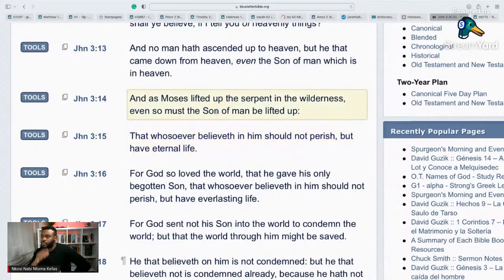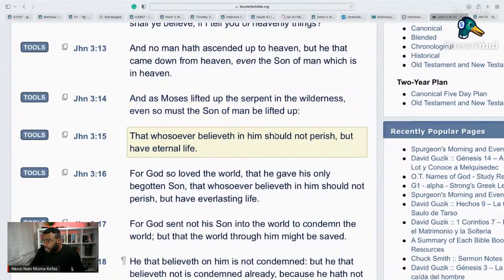Because here in verse 14, he says, as Moses lifted up the serpent, Nioka, Nahas, in the wilderness, talking about the fiery serpent or the brass serpent, in the wilderness, even so must the Son of Man be lifted up, that whosoever believeth in him shall not perish but have eternal life. You see that? Be healed, be restored.